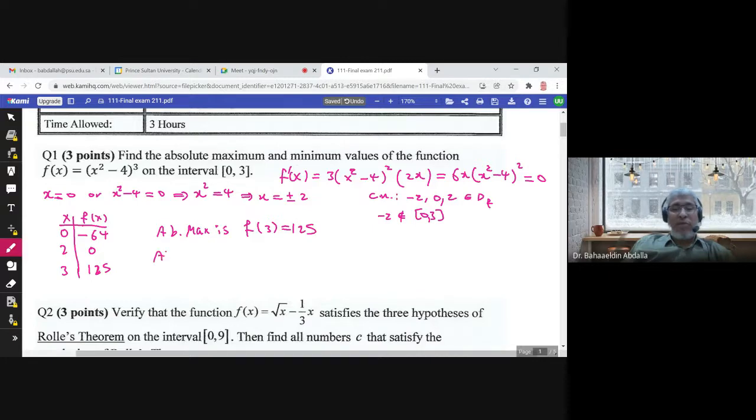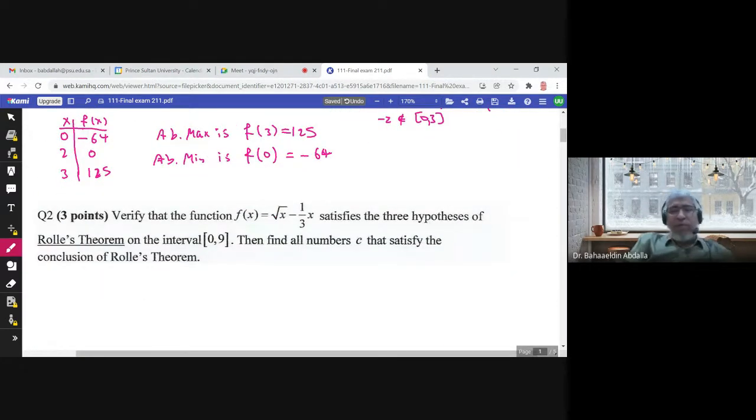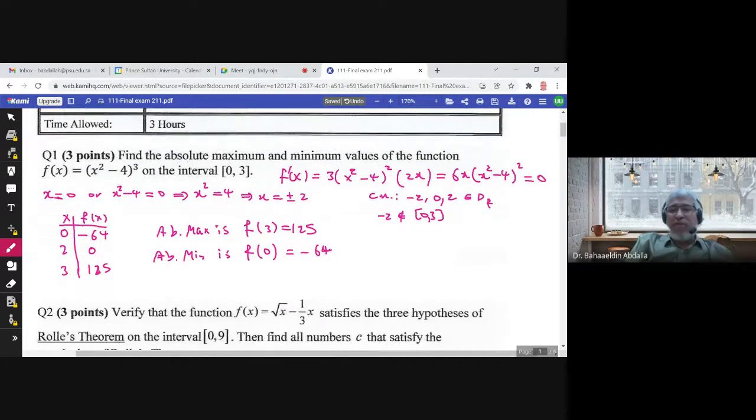And the absolute minimum is f of 0, which is negative 64. So the absolute minimum is negative 64, and the absolute maximum is 125. That's the answer.